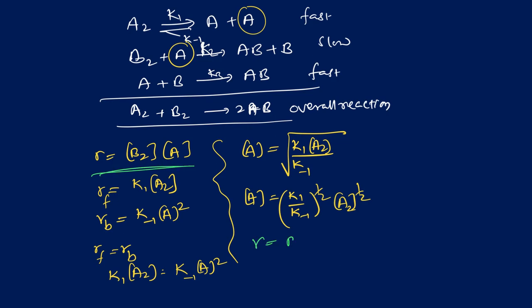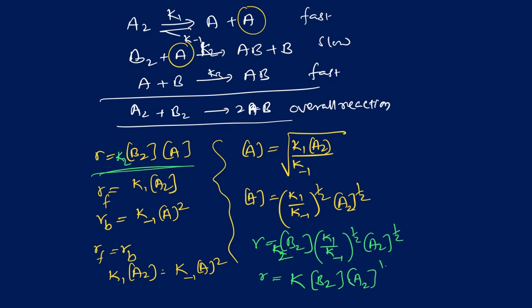Then R is equal to K2 [B2] and in place of [A] we write that expression. I forgot K2 earlier, so here also K2. All these constants give the overall rate constant K. Therefore the overall rate law is R equal to K [B2] power 1 and [A2] power 1 by 2.